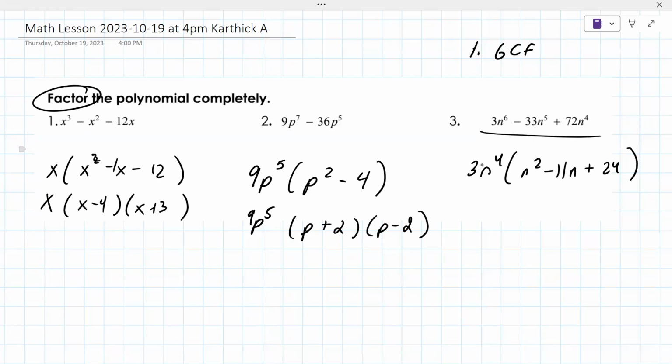But yeah, 3 n. What does that factor into? I got negative 8 and 3, so I'm plugging them in.